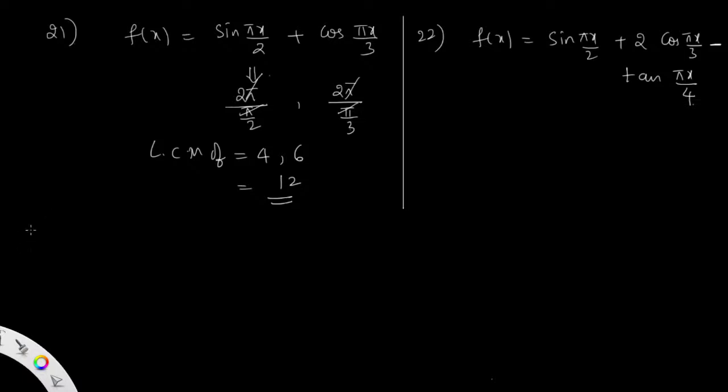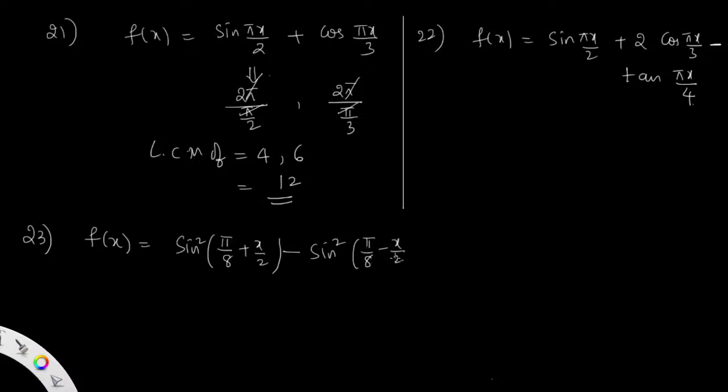And then go to the next question, number 23. f of x equal to sine square of pi by 8 plus x by 2 minus sine square of pi by 8 minus x by 2.